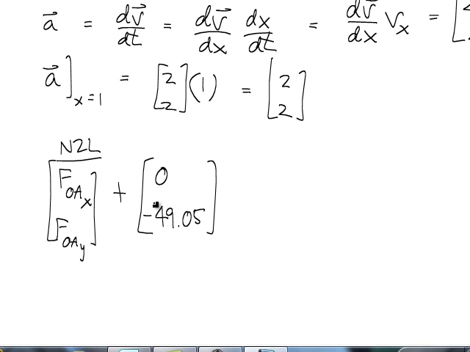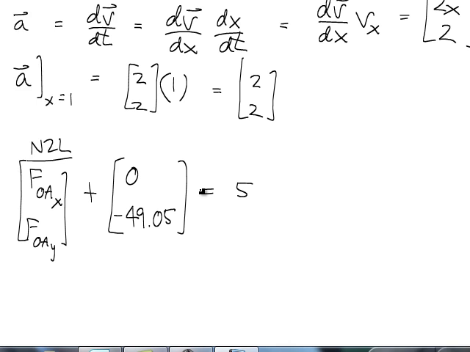Somebody multiplied 5 times 9.81 and got 19.62. Man, that just cracked me up. That was so good. I just showed that to everybody. Just kidding. I didn't take any points off for that. But it's not, it's 49.05. Just keep working on that arithmetic. It'll come. And then the mass is 5.